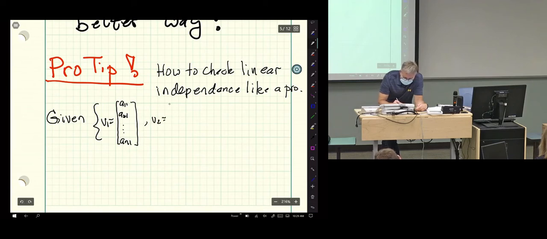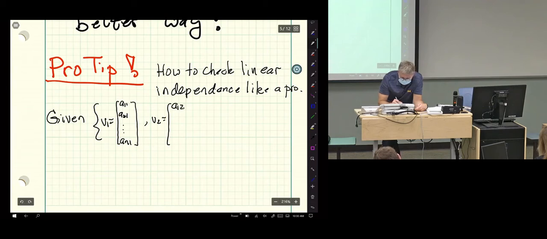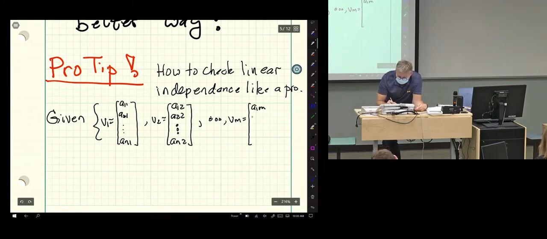And then my second vector: those are just numbers, 11,419, square root of pi, e to the power 100. They're just numbers. Then this would be the first row and the second column, the second row and the second column, dot, dot, dot, the last row and the second column. And then Vm is still the first row and the mth column, the second row and the mth column, dot, dot, dot, nth row, mth column.